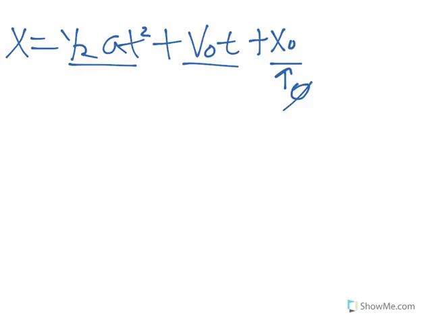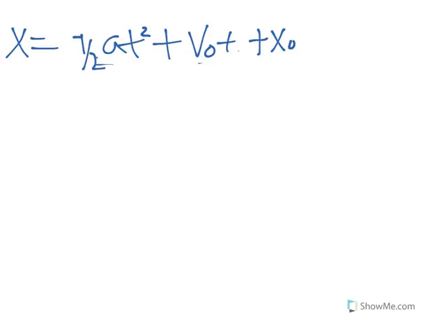If an object starts off at rest, then v naught will go to 0. And if an object doesn't have an acceleration, then that goes to 0. All right? So that doesn't always happen, but you should just be aware that some of these terms usually drop out during the course of the problem. So let's do a quick little problem here to show how this would work.